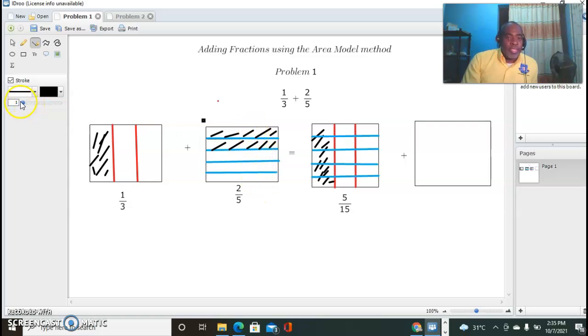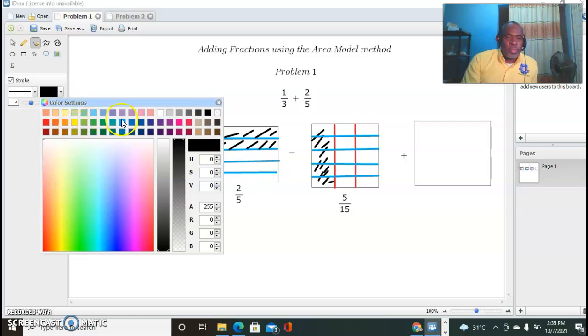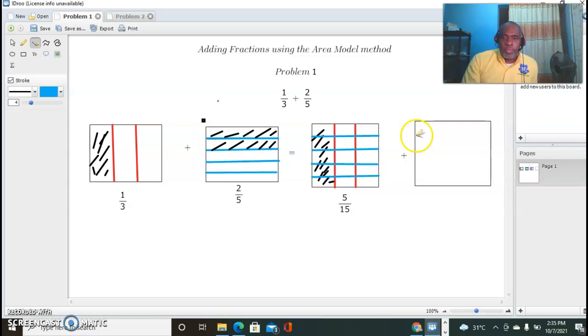You have to pay attention now, you know. So let's go. 1, 2, 3, and 4. So I'm using this pattern.